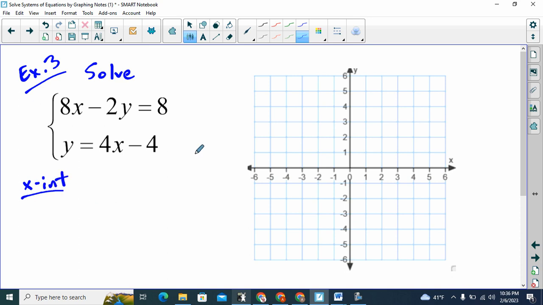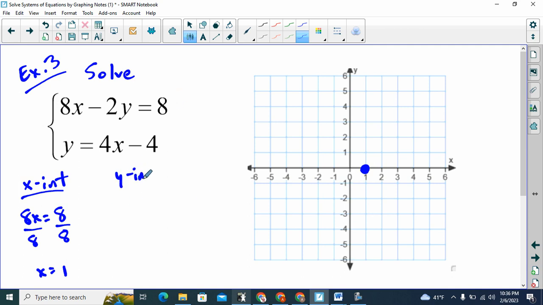Let's find the x-intercept and the y-intercept. X-intercept, I put in 0 for y. 8x equals 8. Divide both sides by 8, I get an x-intercept of 1. I'm still working with this first equation.